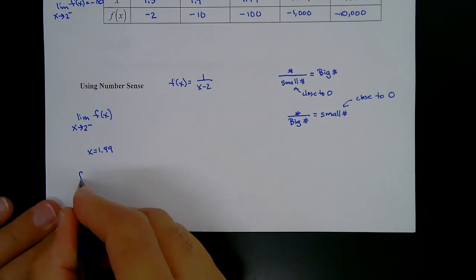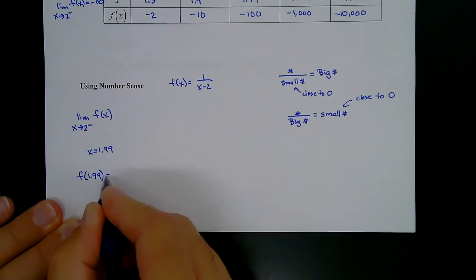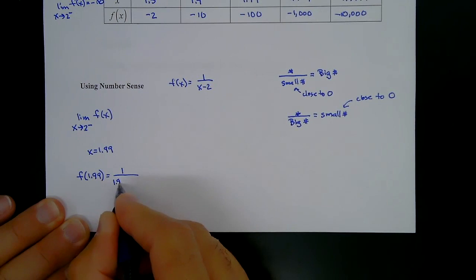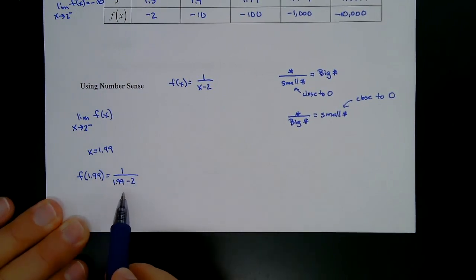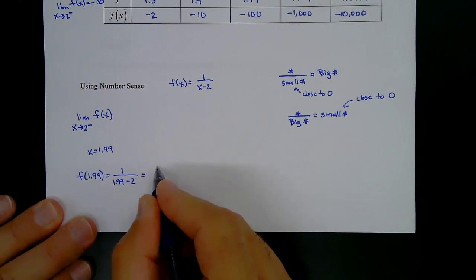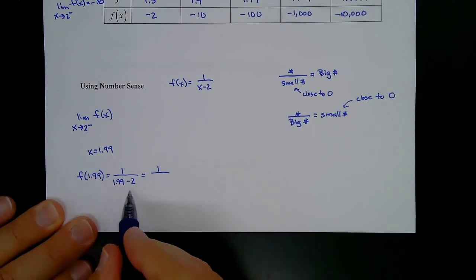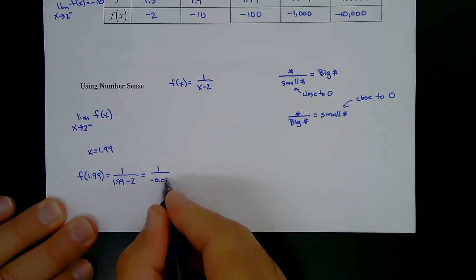So what is f of 1.99? This would be 1 over 1.99 minus 2. So 1.99 minus 2 is going to be a negative number, and you're only 0.01 away, so it's negative 0.01.